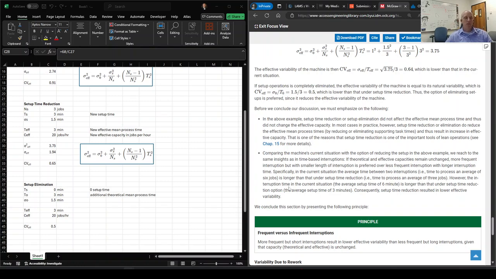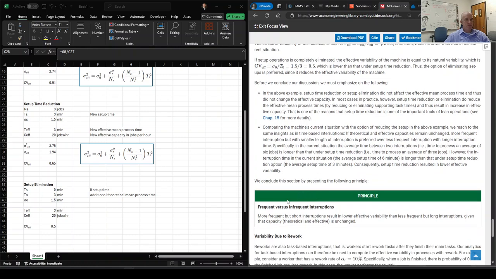However, the interruption time in the current situation, average setup time of 6 minutes, is longer than that under the setup reduction option, average setup time of 3 minutes. So, setup time reduction resulted in lower effective variability. The book concludes with this principle: more frequent but short interruptions result in lower effective variability than less frequent but long interruptions, given that capacity, theoretical and effective capacity, is unchanged.